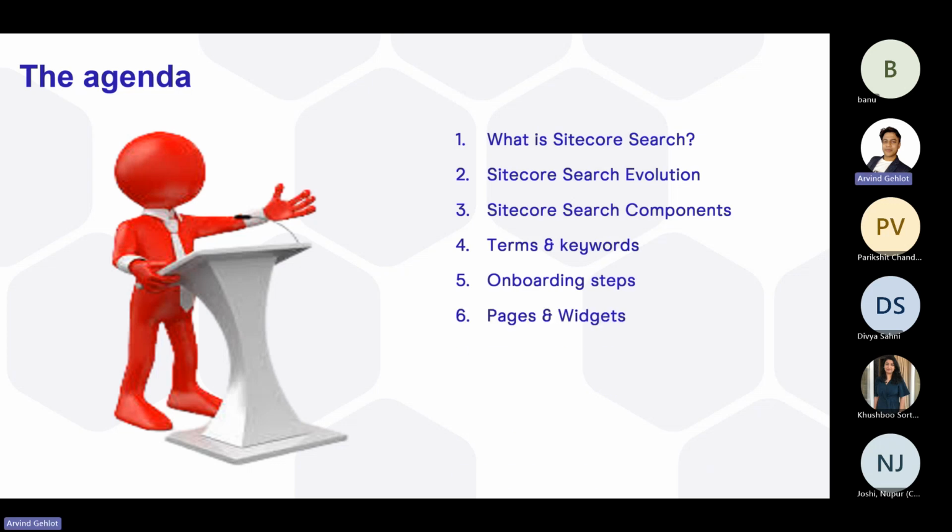Then we'll cover something about pages and widgets, how important those are. Then we'll jump on how to trigger a query, how we can test it and verify the response of the query. And then we'll have a demo.